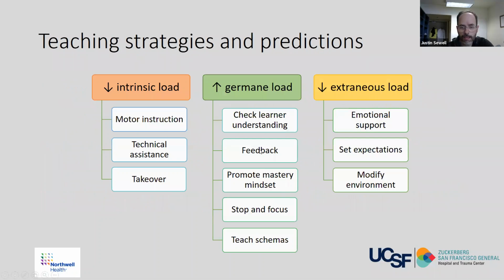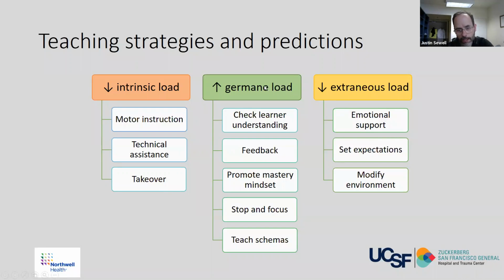So here are the strategies that we looked at. We had to pick those that we thought would be observable. For those we thought would make the task easier were motor instruction, technical assistance, and taking over. And these largely came from that prior study, which is why I told you about it.